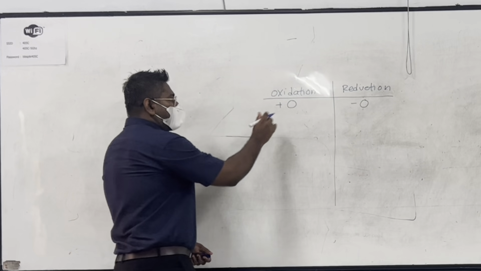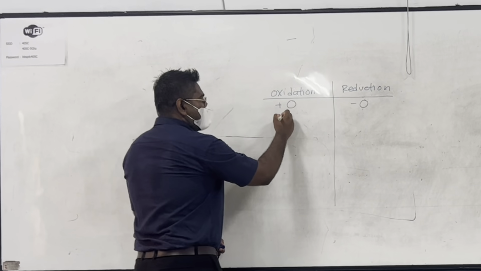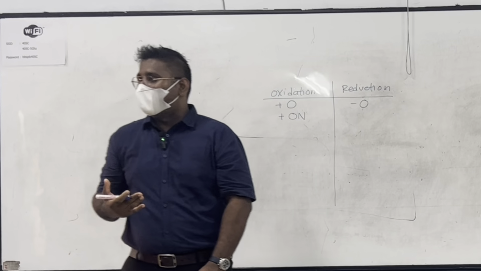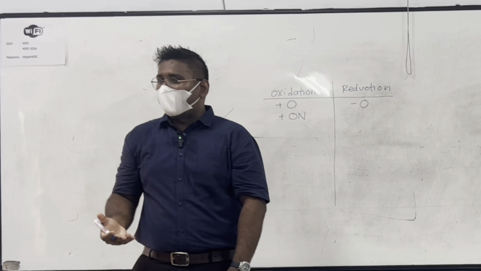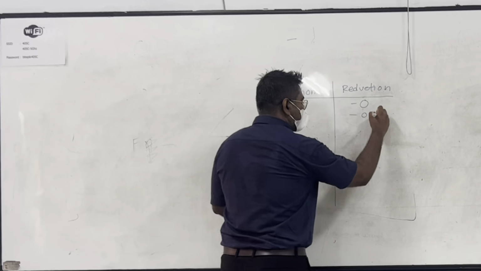And the second criteria is when you have an increase in oxidation number. ON is oxidation number. If the number is increasing, we can say it's oxidation, and reduction is a decrease in oxidation number.